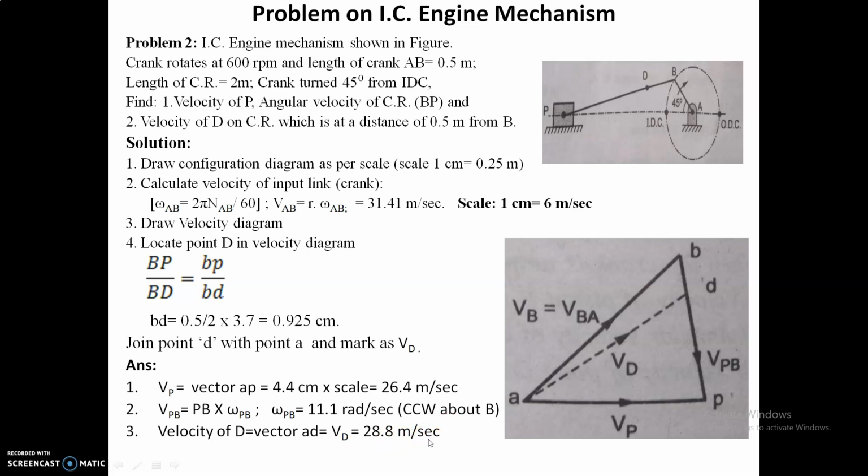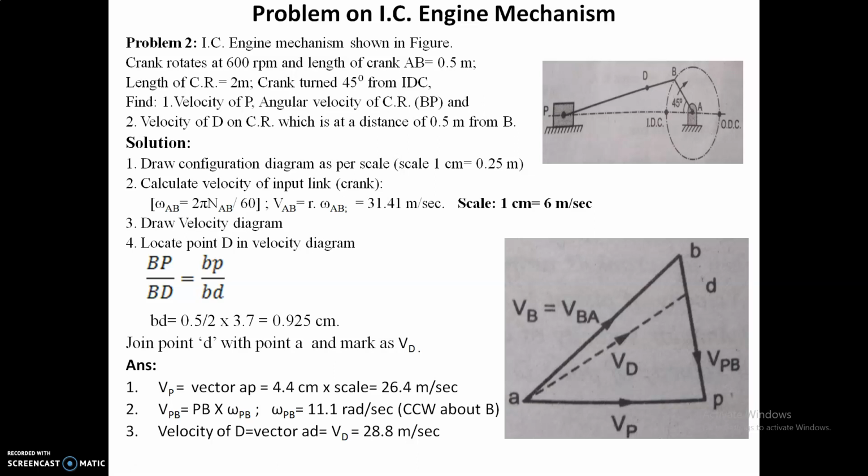Now the third unknown is the angular velocity of the connecting rod BP. By default, you know velocity is equal to r into omega, where the velocity of BP is equal to the length of BP into omega of BP. Out of this, omega is unknown, but the velocity of BP you can easily find from the velocity polygon. The velocity of BP is nothing but the vector bp.